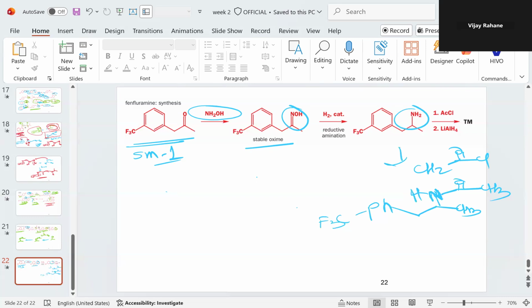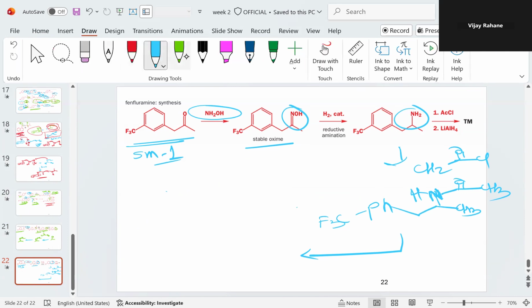So this is what we get, and again, this amide we can reduce to the normal amine. I will just highlight the part.